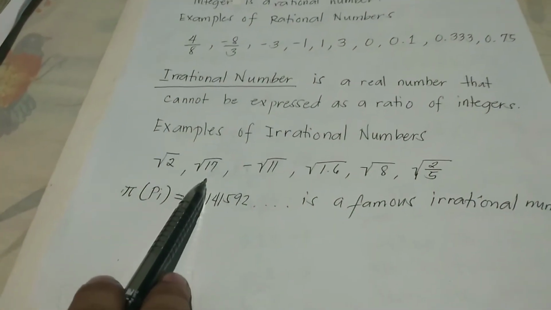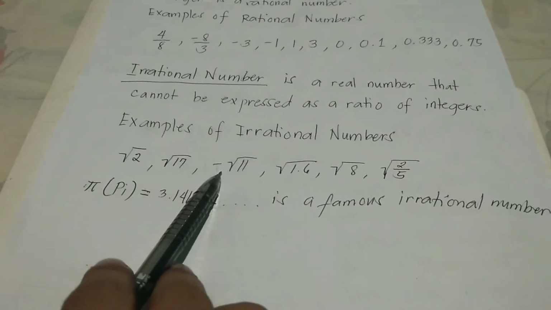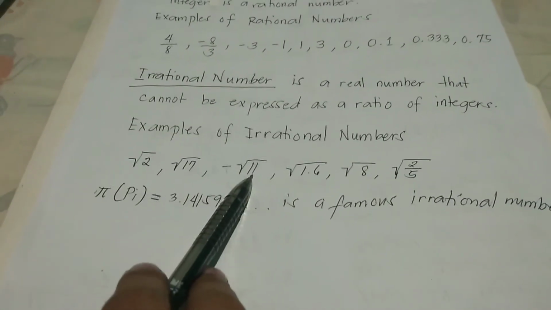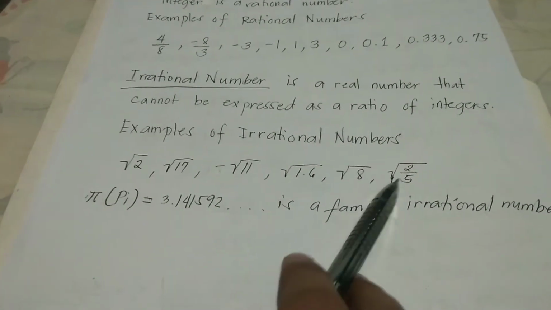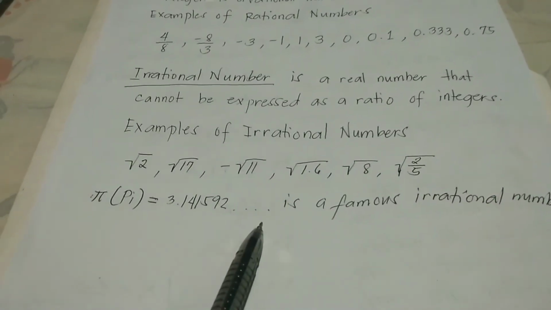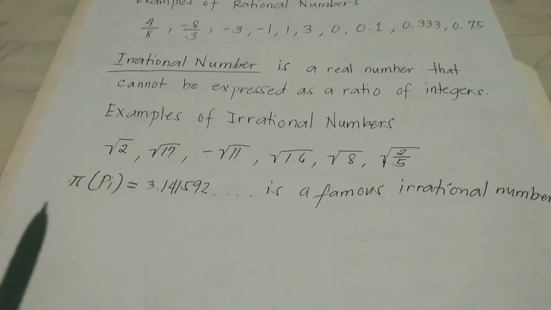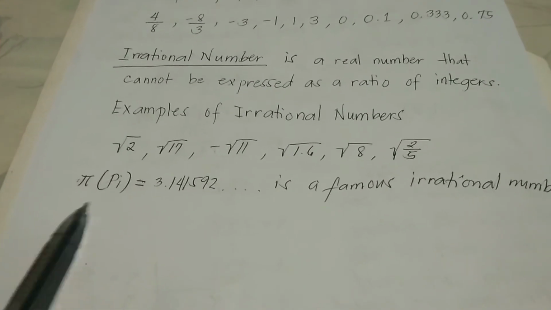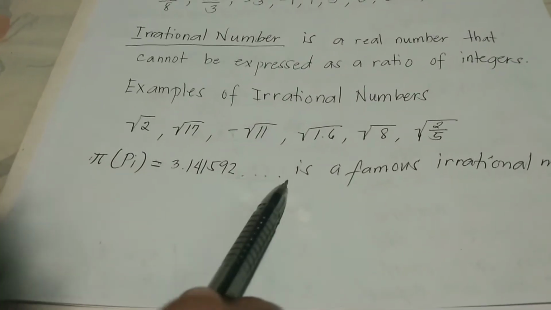Another is square root of 17, negative square root of 11, square root of 1.6, square root of 8, and square root of 2 over 5. And the famous irrational number is pi, which is equivalent to 3.141592 and so on.